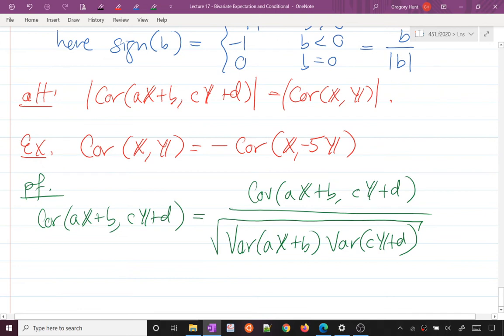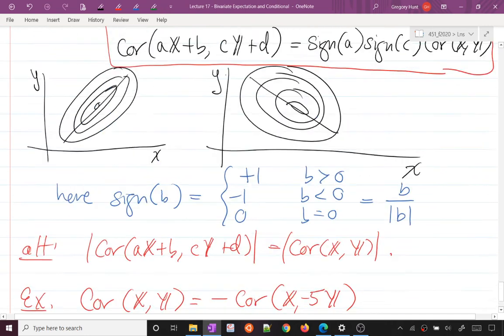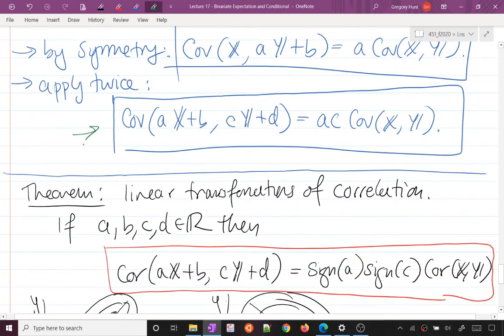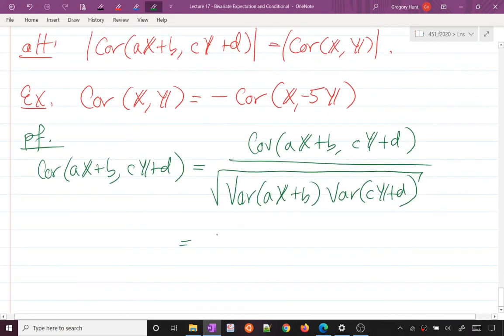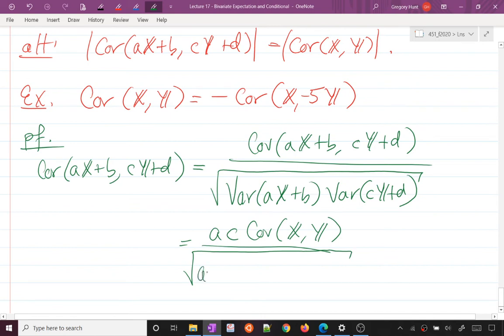And now we just have to apply what we know about the variance of linear transformations and the covariance of linear transformations. Well, we know something really nice about that covariance. It just reduces to, we pull out a and c, and we have the covariance between x and y. And for those variances, all we do is pull out the constant and square it. So this is a squared variance of x times c squared variance of y, right?